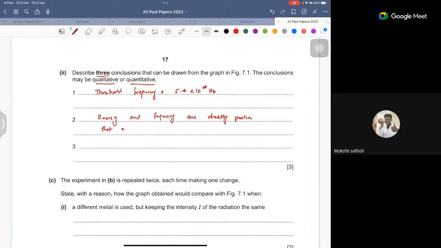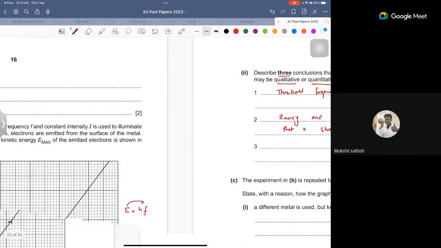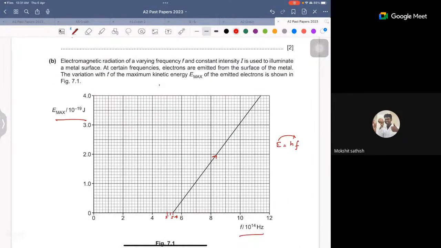That is shown by a straight line. It's not directly proportional, just write proportional. Sorry, they can't be directly proportional because it has to be kinetic energy equals hf minus hf naught.